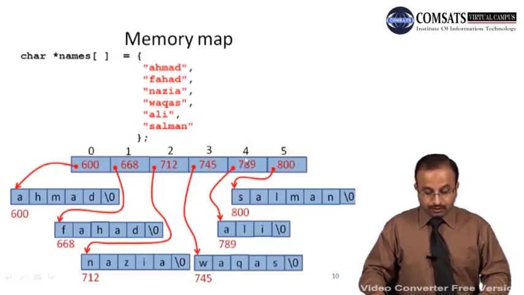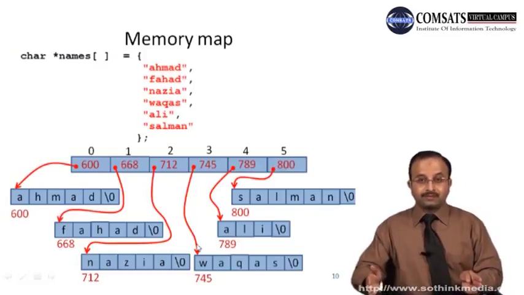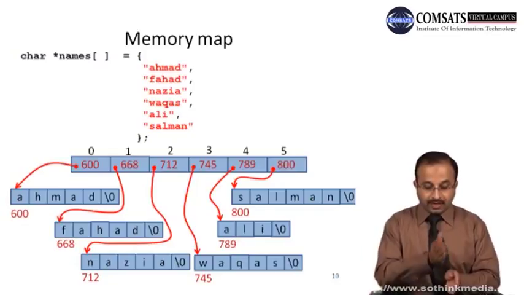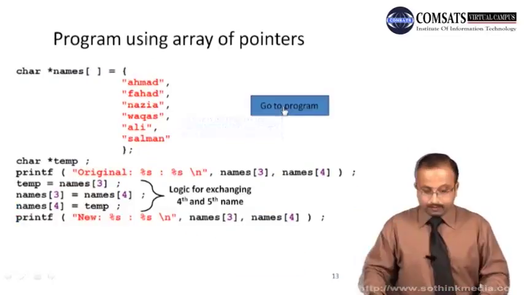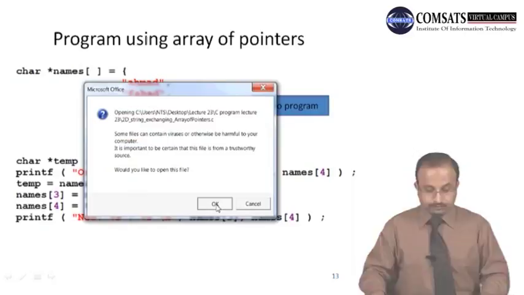Now the 4th index contains 745 and the 3rd index contains 789. 789 points to this string and 745 points to this string. So when you print it in order, it will print Ali first, and Waqas after. Let's go to the program.